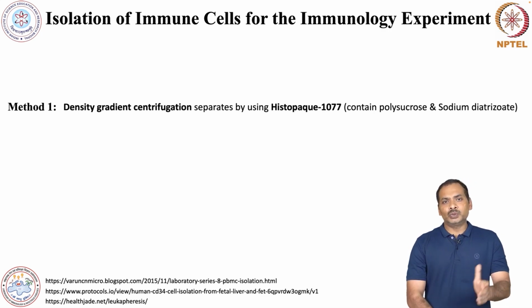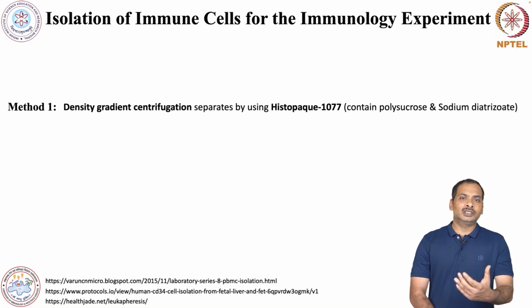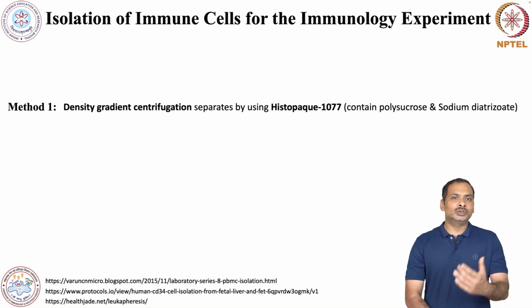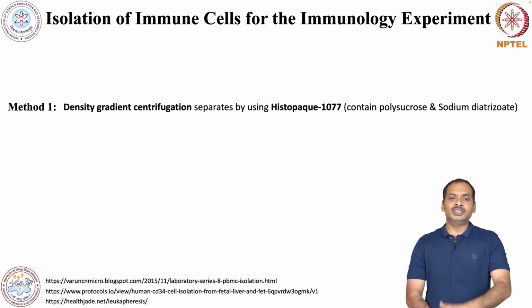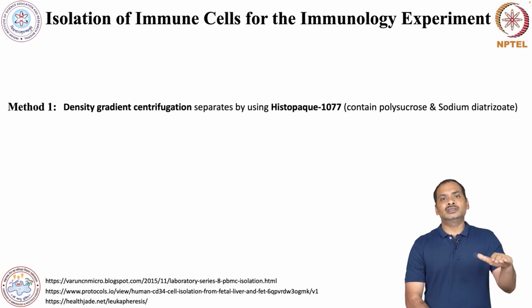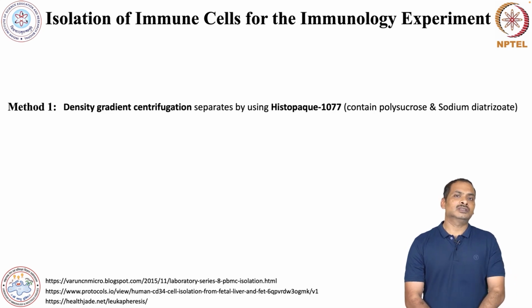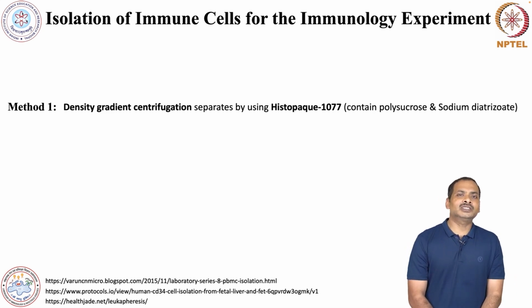So you mix the blood with the same volume of these media or buffer, and then you take the tube, and first you put this reagent, histopaque or Ficoll, okay, or both, but generally we use the histopaque, which is commonly available from companies, and then you overlay the diluted blood over this reagent, and then subject it to centrifugation.